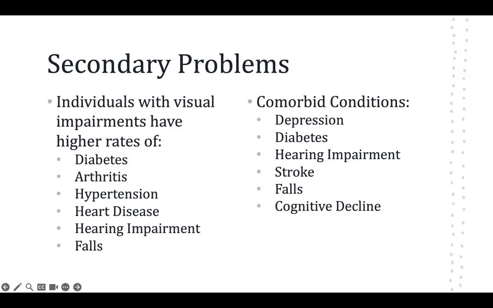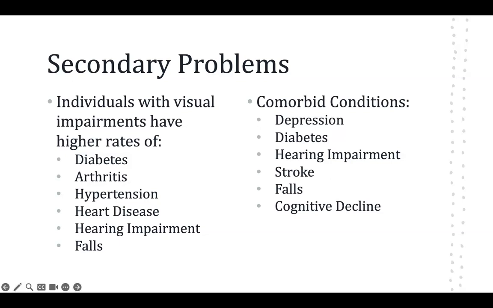Some secondary issues that are problems that individuals with a visual impairment may have. Diabetes is correlated with visual impairments because of the specific type of condition and how it may impair vision. And so for individuals who are unable to manage their diabetes, they may lose their vision in some cases.